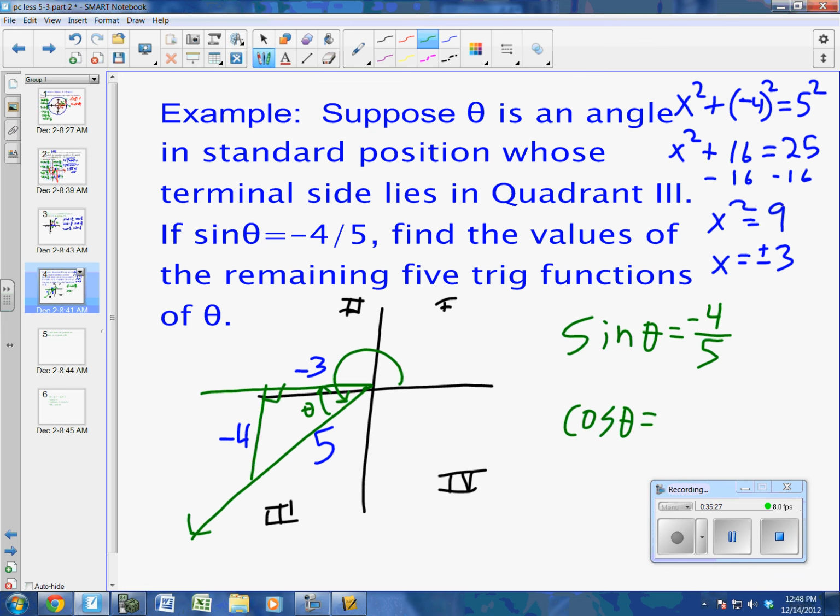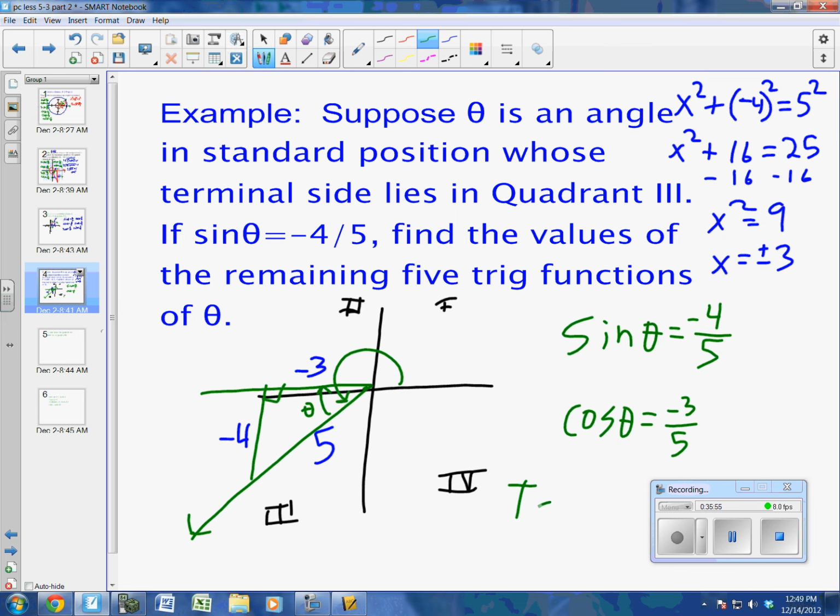Negative 3 over 5. Negative 3/5. Why is that? Because it's x over r. So x is negative 3, r is 5.